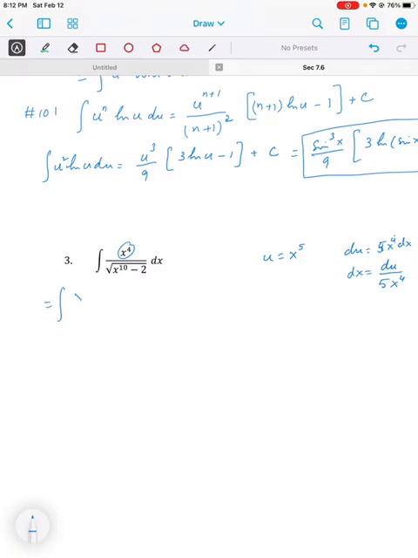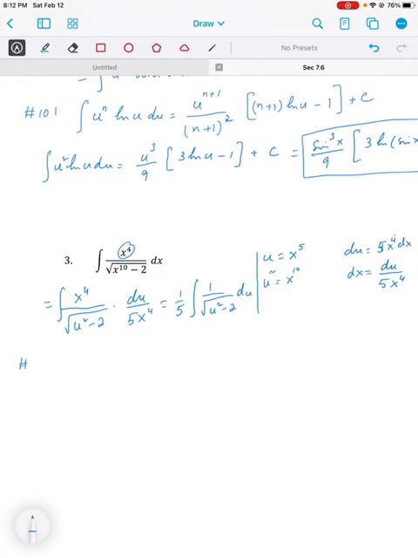Coming here, this becomes x to the 4th divided by square root of, now if u is x to the 5, then x to the 10 will be u squared. So we get u squared minus 2 times du over 5x to the 4th. So this simplifies to 1 over 5 integral 1 over square root of u squared minus 2 du.